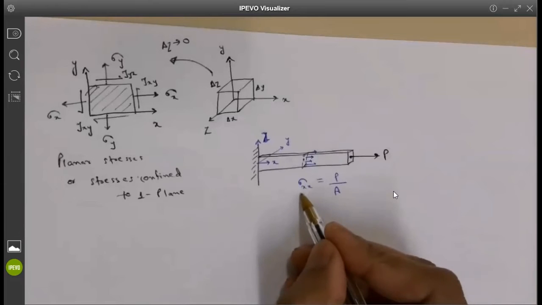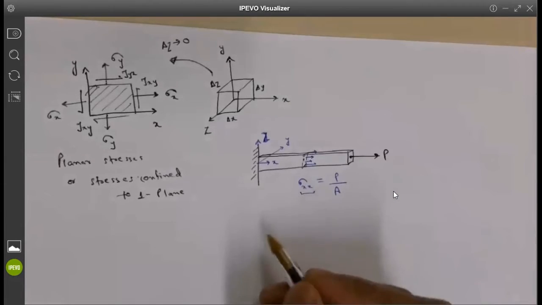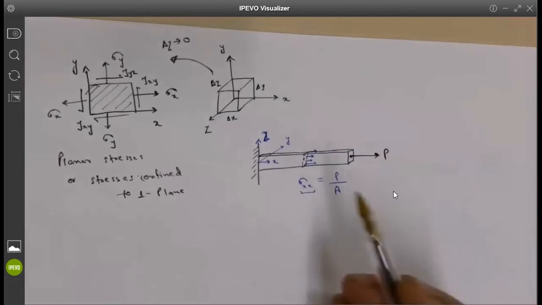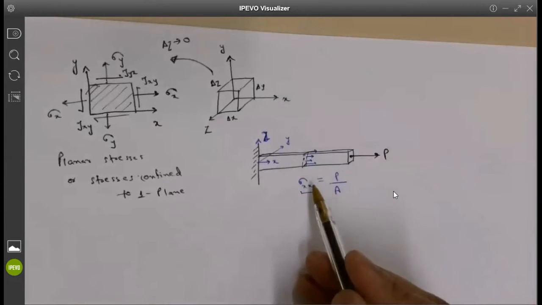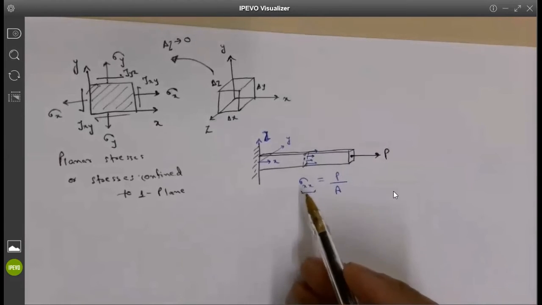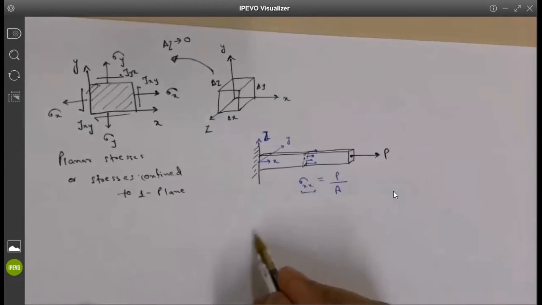Now these specific subscripts are important, because if you are not considering them, then you may not be able to combine or consider the effect of different loads.